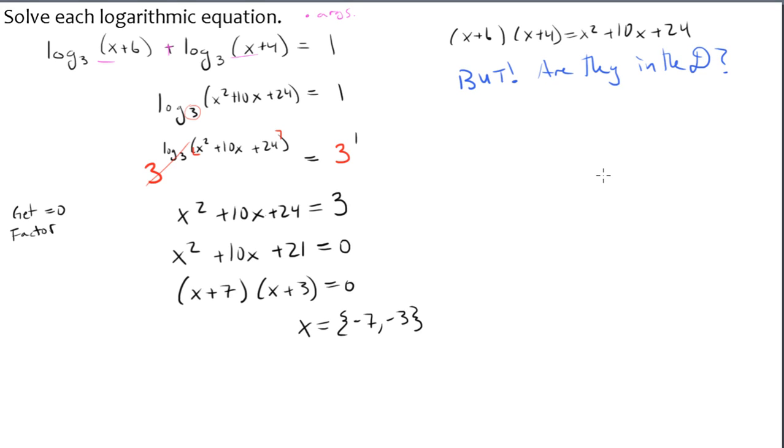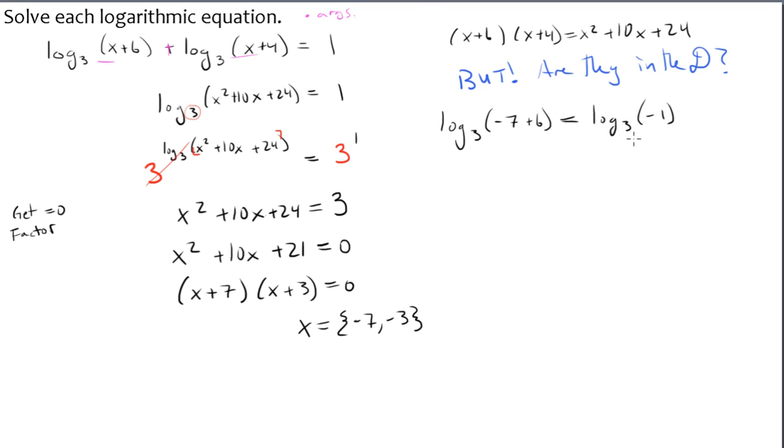But are they in the domain? Let's take a look at our logarithms. We have the log base 3 of x plus 6. If I stick -7 in there, we would have the log base 3 of -7 plus 6, which is the log base 3 of -1.